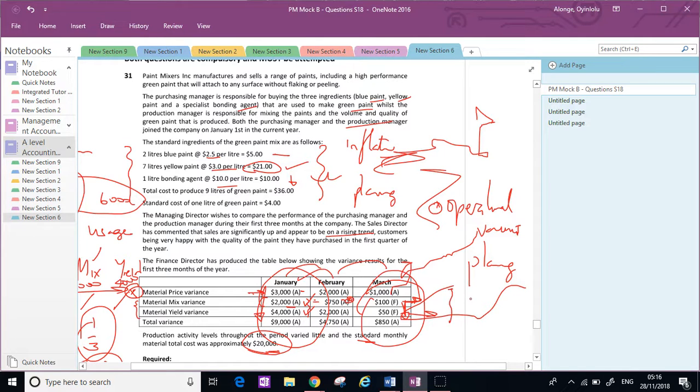So just looking at the answers, I think those are the main points: the fact that these variances have declined as you've gone through from January all the way to March, and coming up with some reasons why things were so tricky in January.